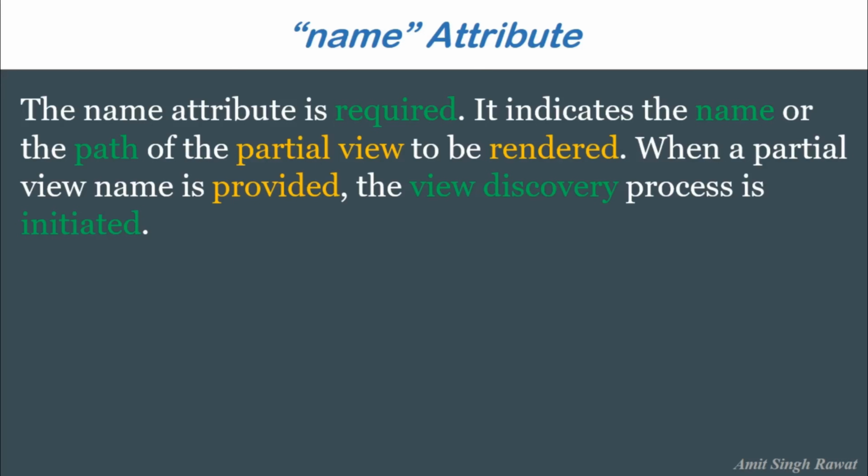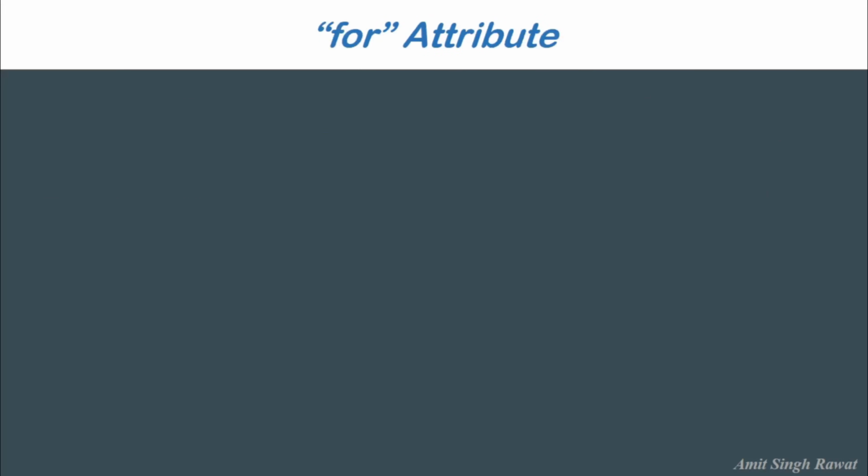Required here means that if you are using this attribute, it can't be null or blank. You have to provide a partial view path. It indicates the name or the path of the partial view to be rendered. When a partial view name is provided, the view discovery process is initiated. Means which partial view you want to render. Simple. Let's move on to next attribute, and the next attribute is for.